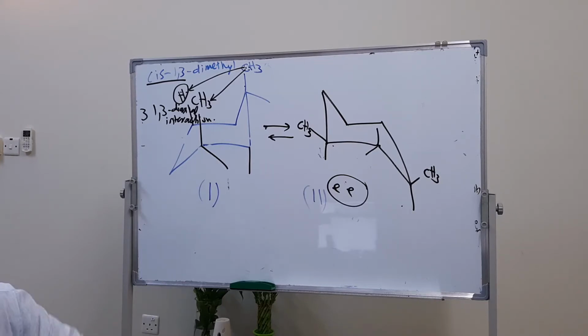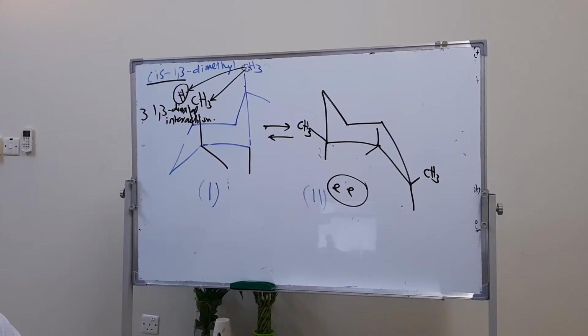Every 1,3 diaxial interaction, as they said, costs approximately 23. So we have in here 3 1,3 diaxial interactions. Therefore, the total energy will be higher, or less stable, by 3 times 23, which is 69 kilojoule per mole.